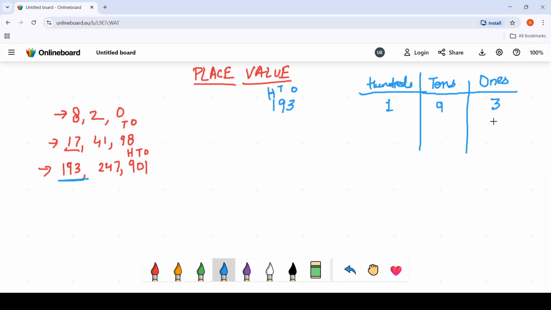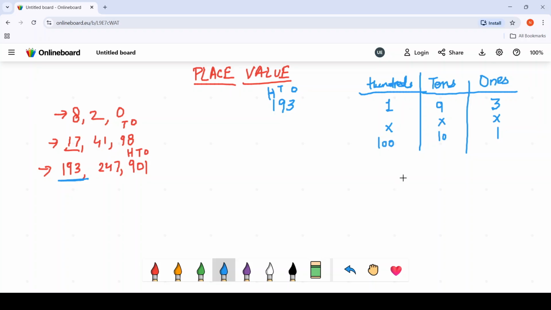Now we already know that the digit which is at ones place is multiplied by 1, so 3 will be multiplied by 1. 9 will be multiplied by 10 because this is at tens place. Now comes the hundreds place value. Whichever digit you have at hundreds place will be multiplied by 100.